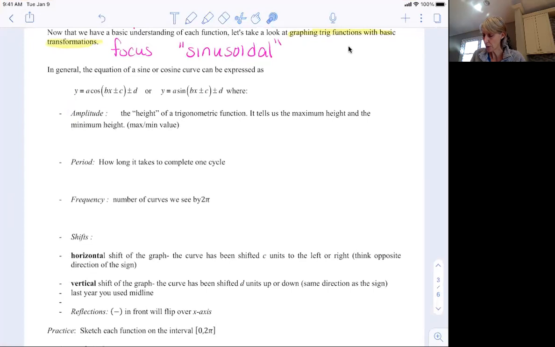Our amplitude, or our a value, we take the absolute value of a, is the height. So the number out in front tells us how high and low the curve goes, the maximum and minimum values, so to speak. Our period is 2 pi over b. That's a formula you should also remember from last year, and that's how long it takes to complete one full cycle.